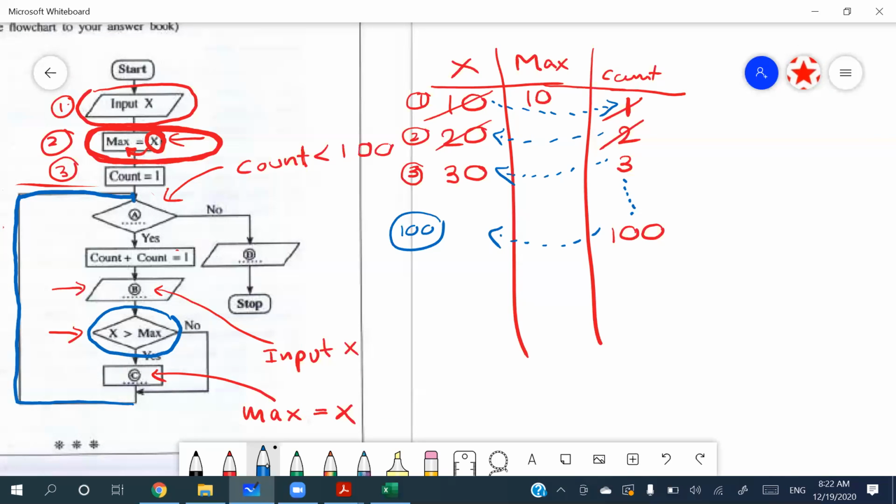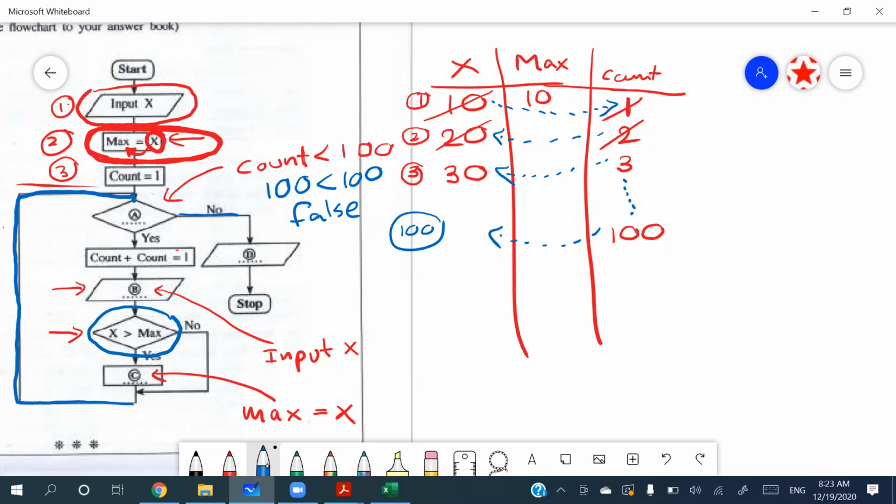When it comes here, this condition should be a false one. So if you keep count less than 100, when it is here after the 100th value, it's going to be something like this: 100 less than 100. Now this is a false one because 100 is not less than 100, but it is equal.